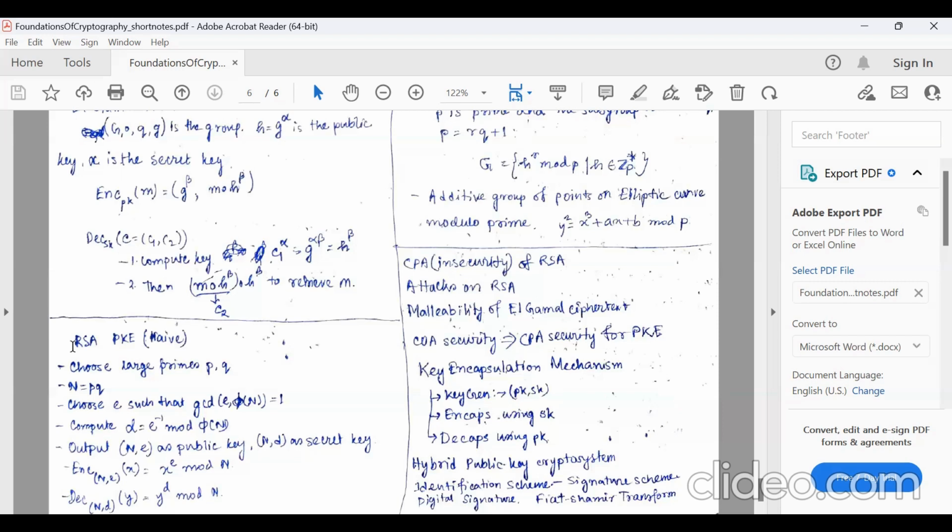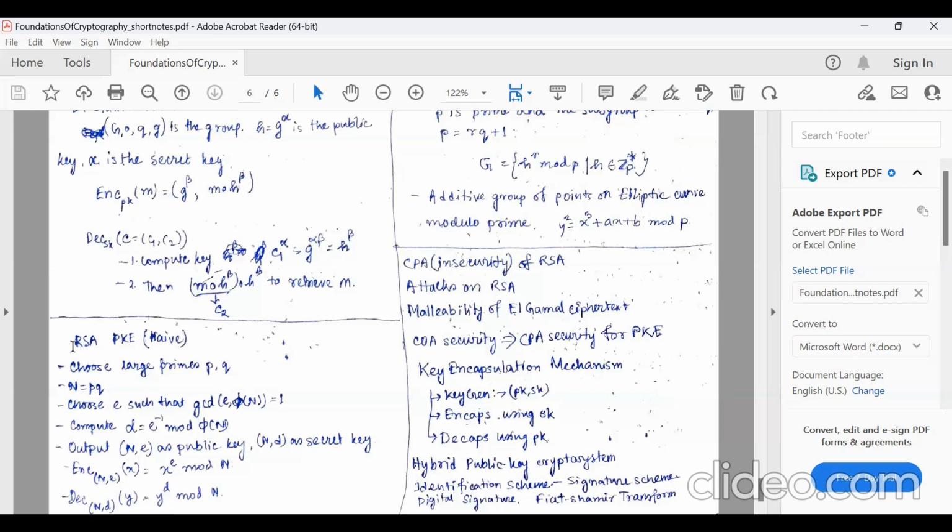Also, just a point to remember, for any public key encryption scheme, COA security implies CPA security, which is not the case for symmetric key encryption. Because in symmetric key encryption, the adversary is required to be explicitly given access to some encryption oracle, whereas in the case of a public key crypto system, the adversary itself has access to the public key PK, which is also the encryption key.